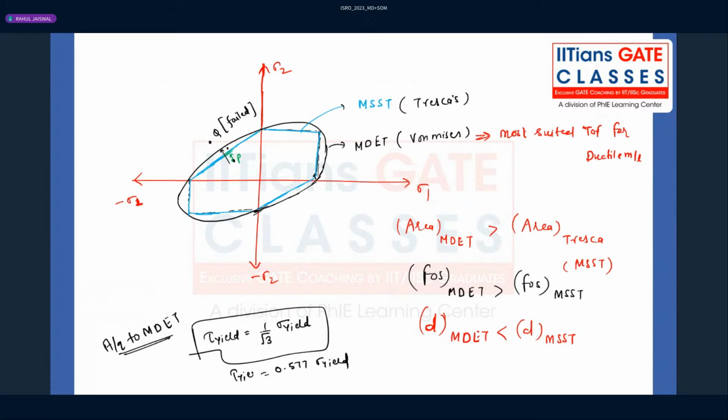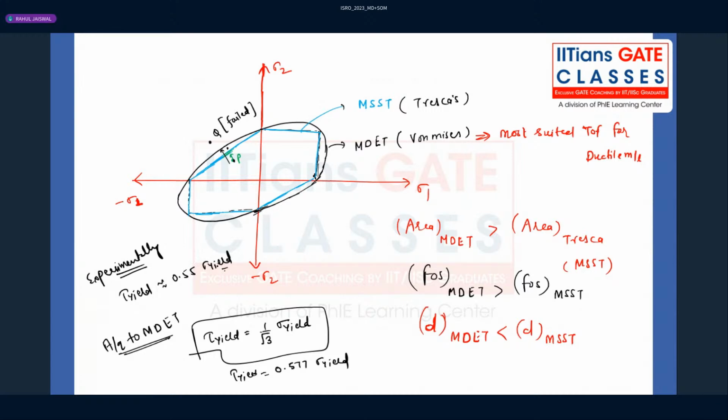Experimentally also, whatever results we got, tau yield was approximately 0.55 times sigma yield.